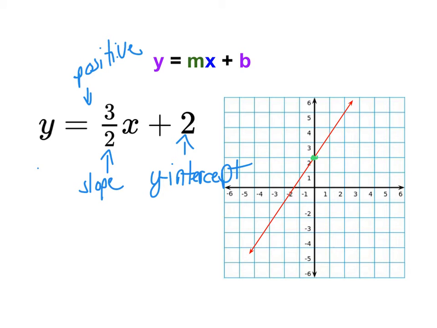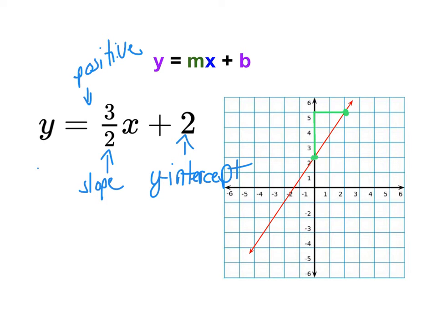So let's put a dot there. Now, my slope is 3/2. That means my rise is 3 and my run is 2. Let's just check it. From 2, I go up 1, 2, 3, and then I run 2. 1, 2. And right there, I have another point on my line.